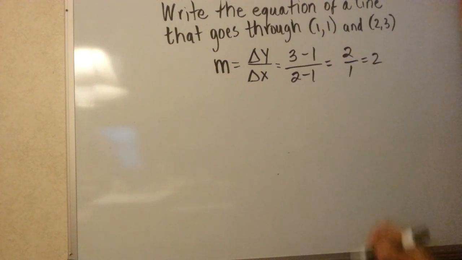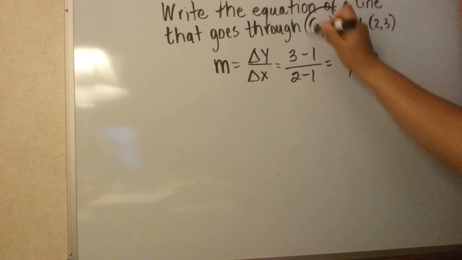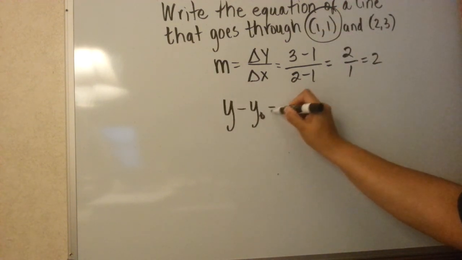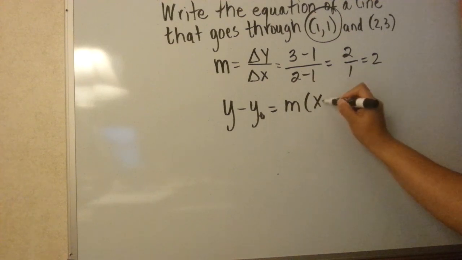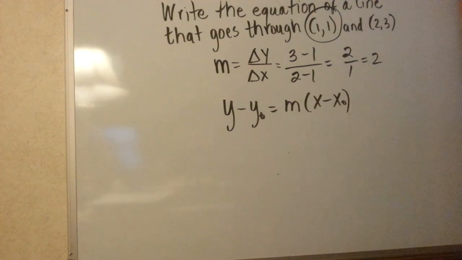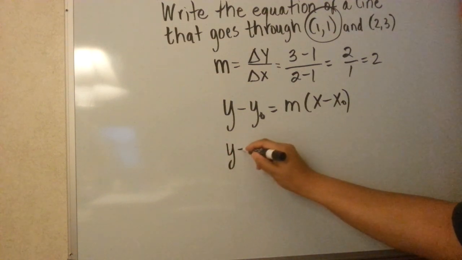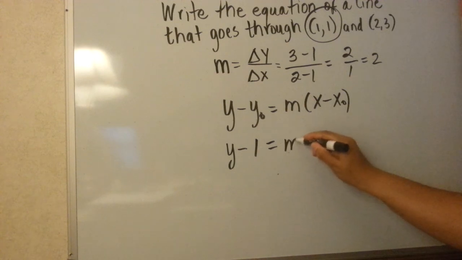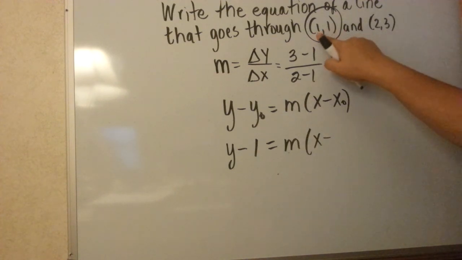And then you just pick a point. So I'm going to go ahead and pick this one. And we're going to use this equation. So you do y minus, the y is a 1, x minus the x is a 1.